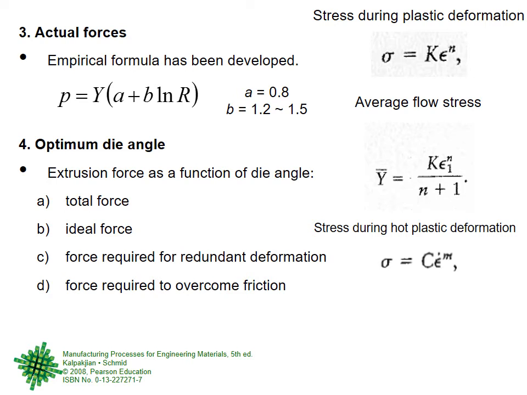So if your company is doing only aluminum alloys and at certain temperatures, then there will be some guideline that in your company, if you are doing aluminum alloys at this temperature, then A is equal to say 0.8 and B is equal to suppose 1.3, right? So it will be known by experiments. But this is the general thing, that A is 0.8 and B is between 1.2 to 1.5.